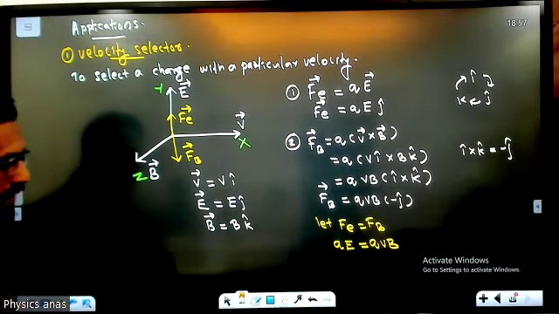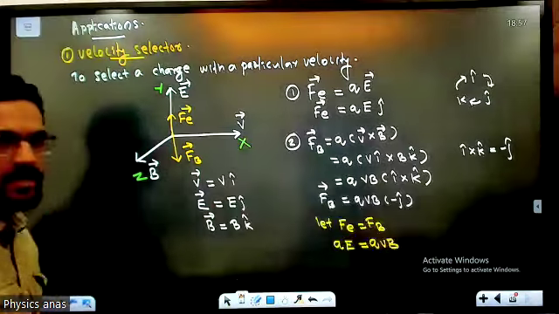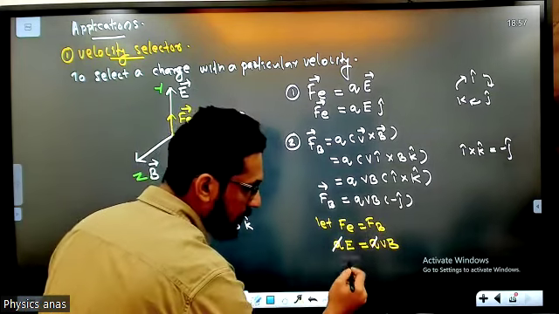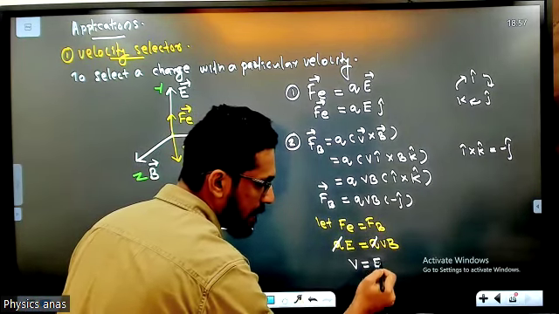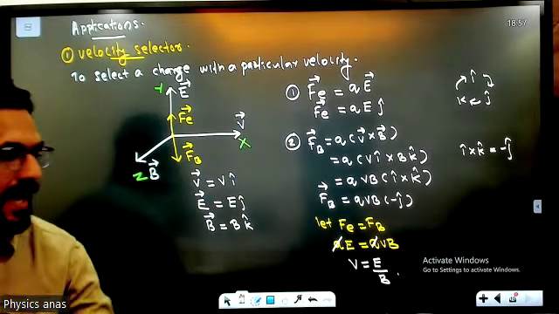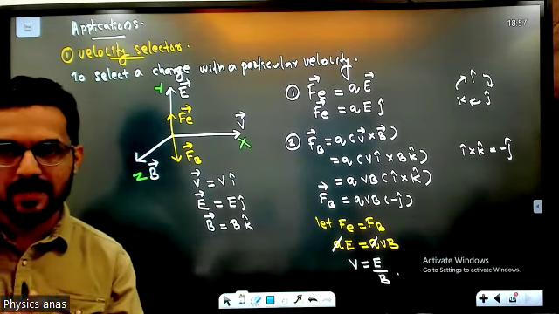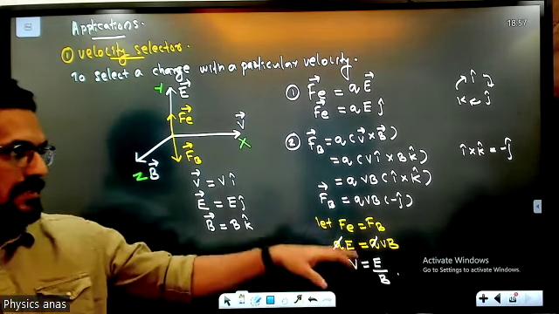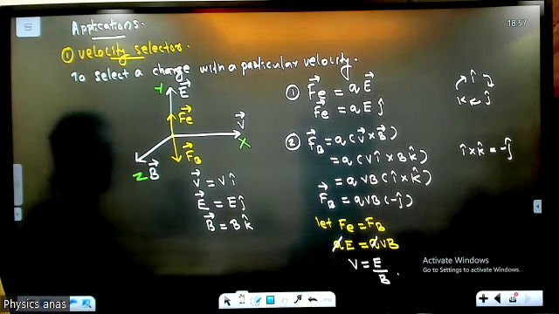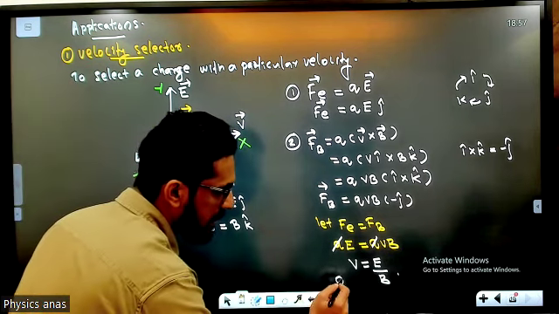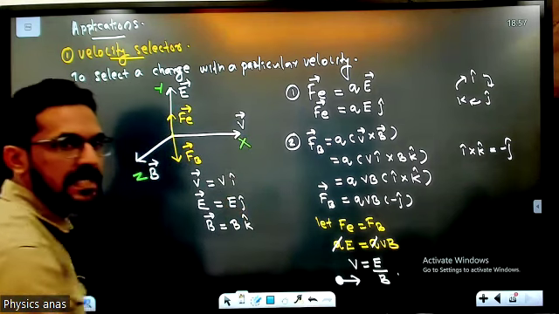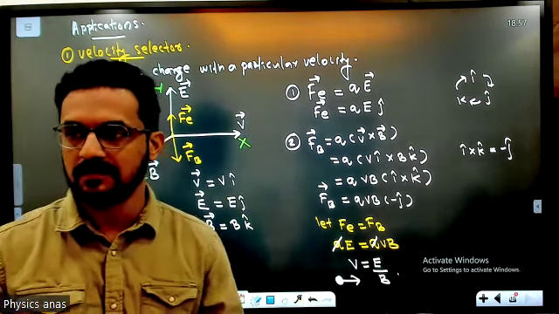If the magnetic force and electric force are equal, the Q will cancel, and the velocity will be E by B. So for a charge having this velocity, what will happen to that charge? If a charge is coming in this direction and its velocity is E by B, what will happen to that charge?